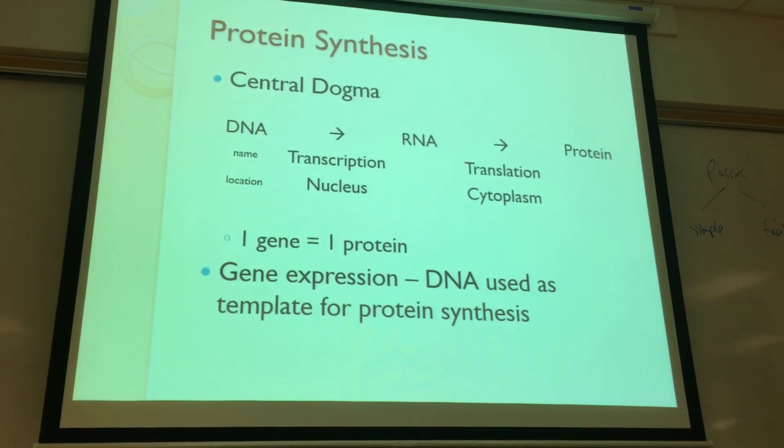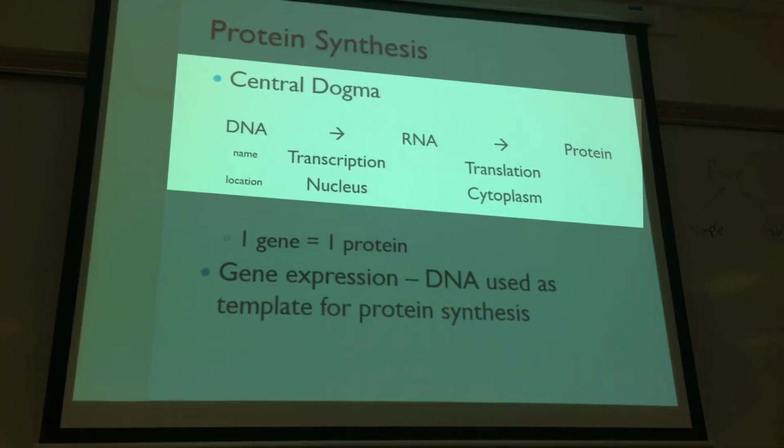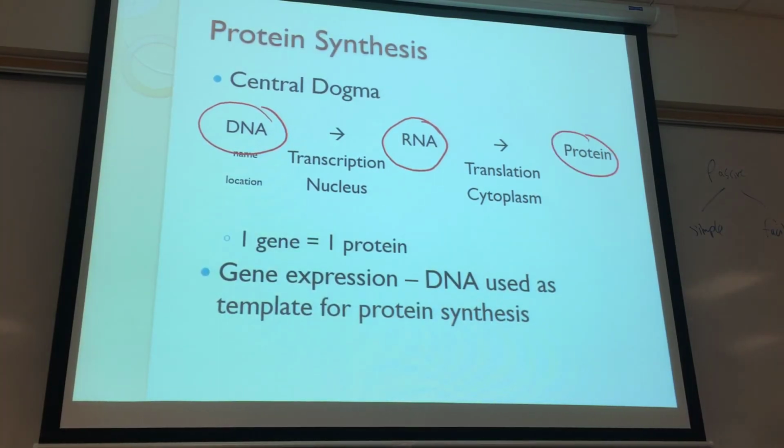Now, if you're to take a look at what we do with that DNA, with DNA in the process of developing that protein, the main central dogma of protein synthesis is that we take DNA, we're going to be able to convert a DNA strand, I don't want to say convert, but copy a DNA strand into an RNA to eventually create into protein.